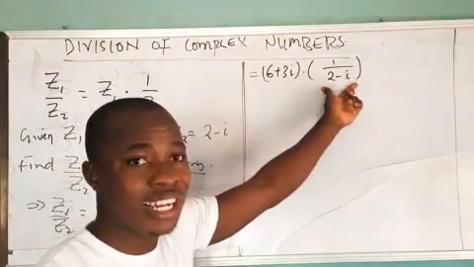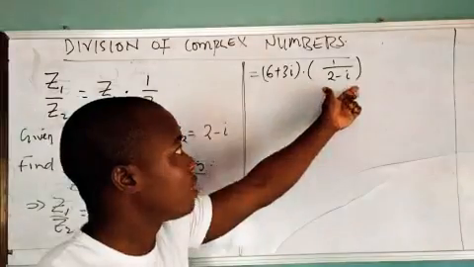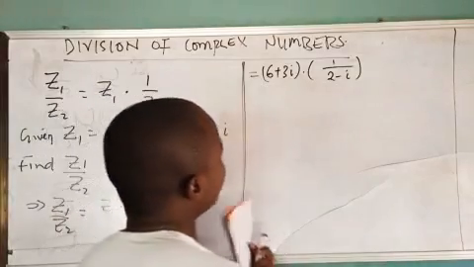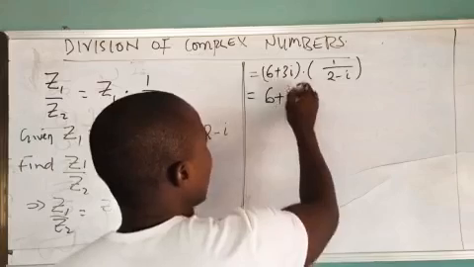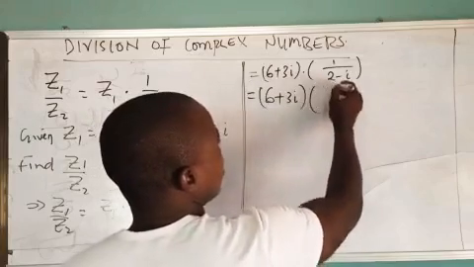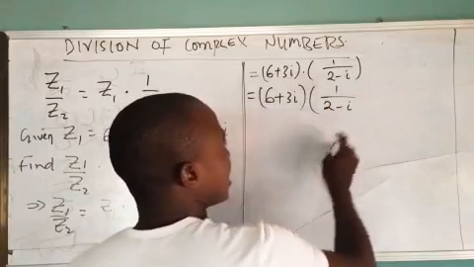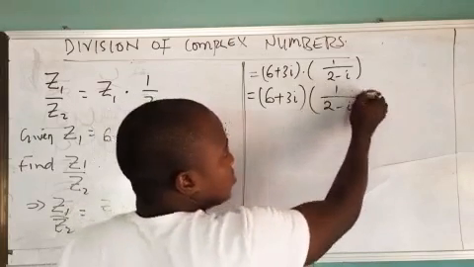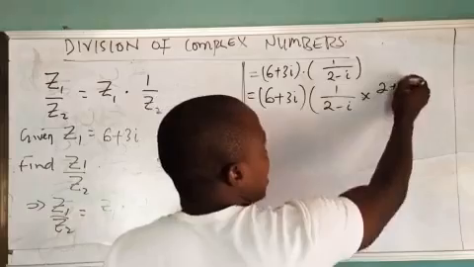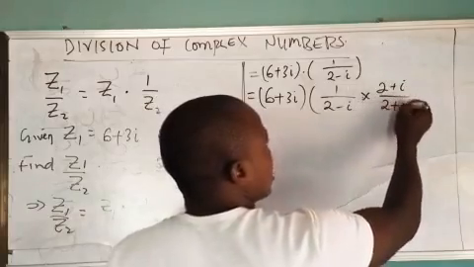Therefore we need to rationalize: you have 6 plus 3i times 1 over 2 minus i, and you take the conjugate of 2 minus i, which is 2 plus i, over 2 plus i.